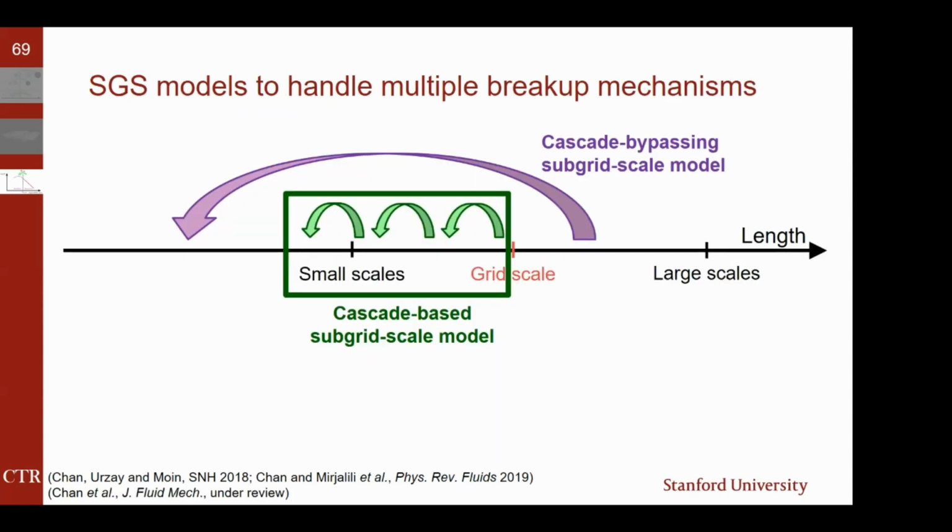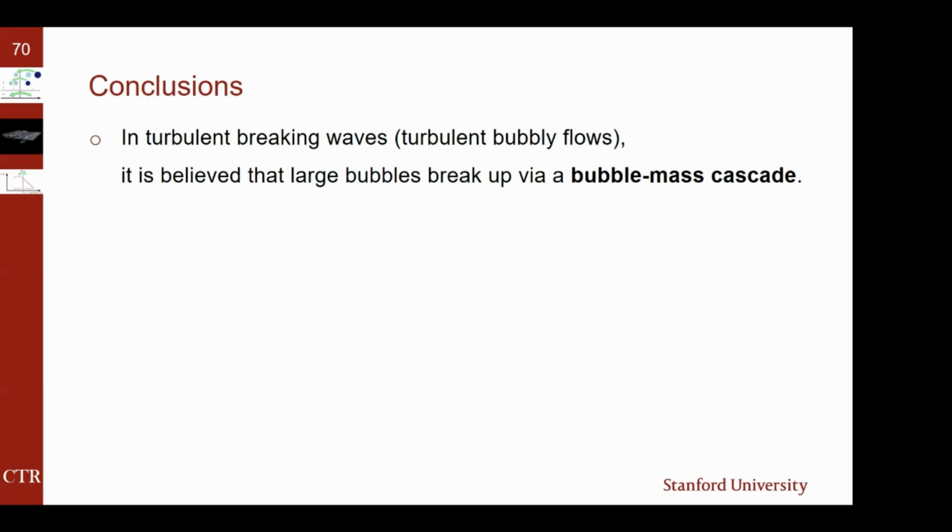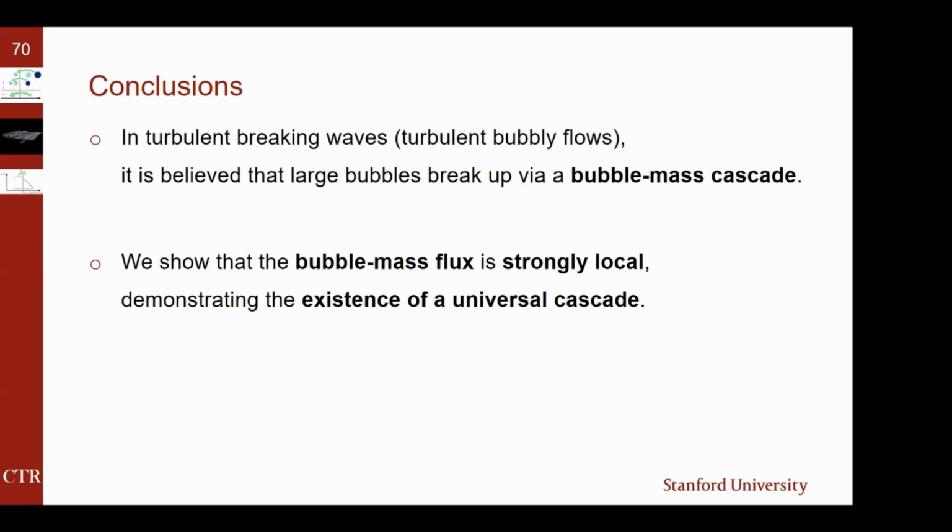So with multiple subgrid-scale models, we can now handle multiple breakup mechanisms. And all this because we understand what is going on in terms of the breakup of bubbles in these breaking waves. So in turbulent breaking waves, large bubbles break into small bubbles via a cascade, and even in bubbly flows in general, because we have shown that the flux is strongly local, both theoretically and numerically.